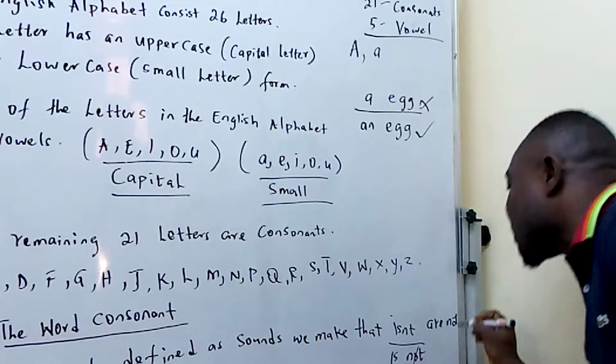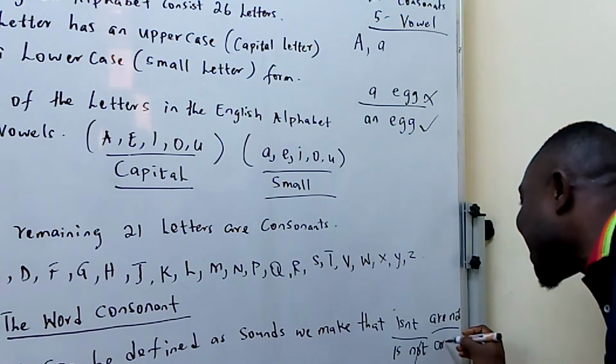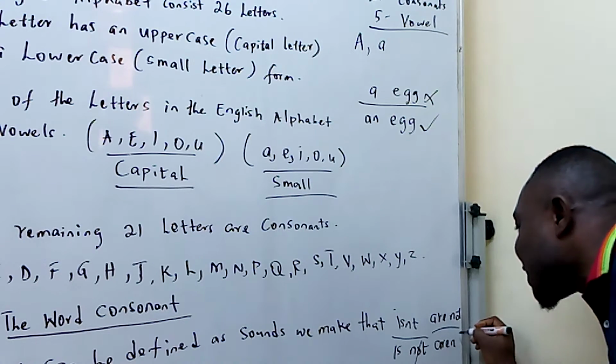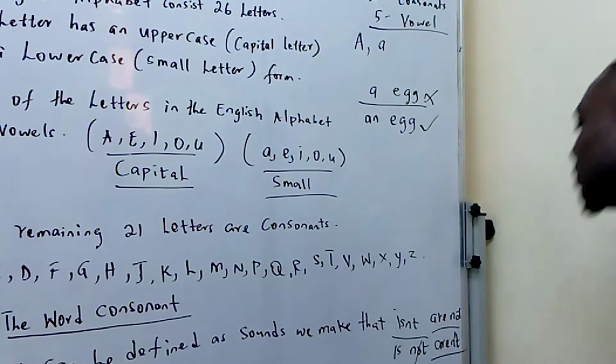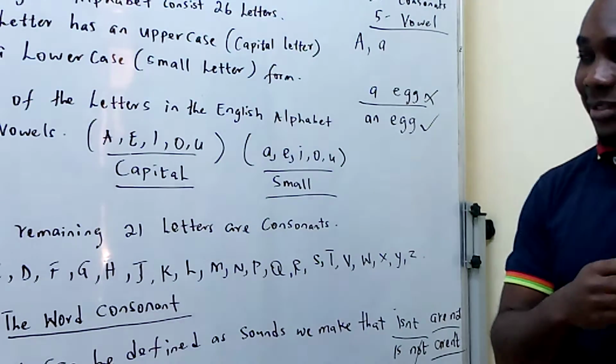When you make a short form of are not, you say aren't. The N still remains there while the O is out. Aren't is the same thing as are not.